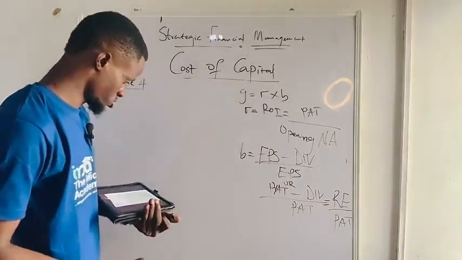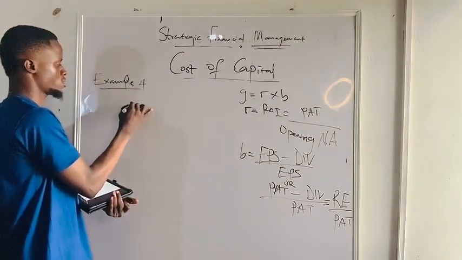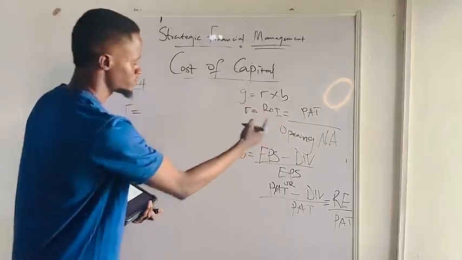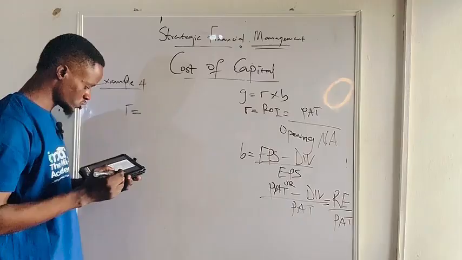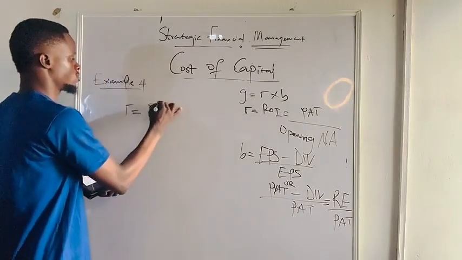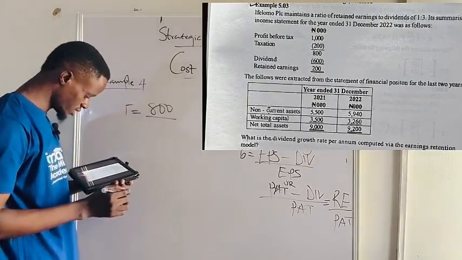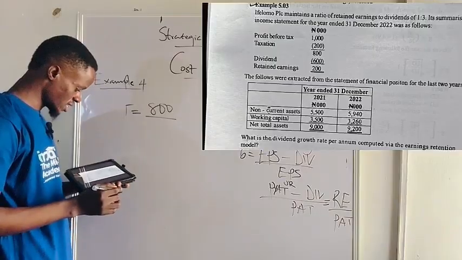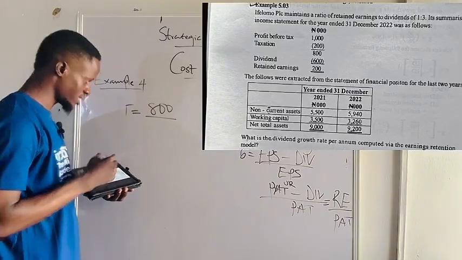For R, how do we get R? R, as I've said, is PAT over opening net assets. So what is our profit after tax? Our profit after tax is 800, all over our opening net assets, which is 9,000.